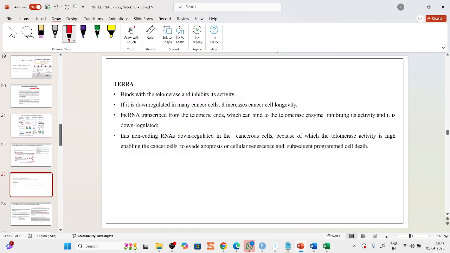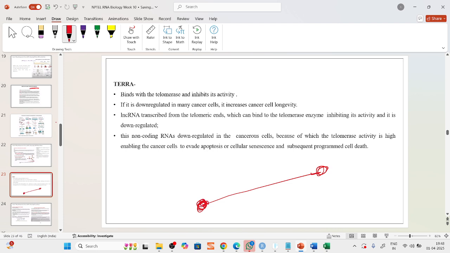Then TERRA. Now this is a little bit I will explain. TERRA means, basically, telomerase is the enzyme which is responsible for forming the telomeres at the end. I will tell you like this. If this is your cell, the genome has telomeres at the end.